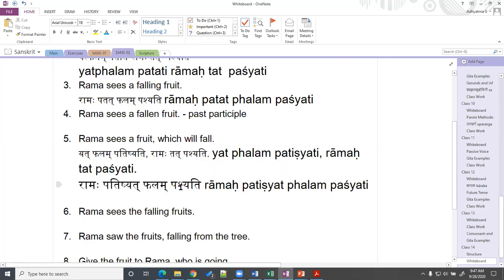So the verb here is in the present tense, even though the participle is the future participle. The verb could be past, present, or future, and the participle could also be past, present, or future. They could be independent of each other. Like you could say Rama saw a fruit which will fall, just like in English. So remember, there is no requirement that one has to match the other. We can use a present, past, or future participle with any of the verb forms, whether past, present, or future.